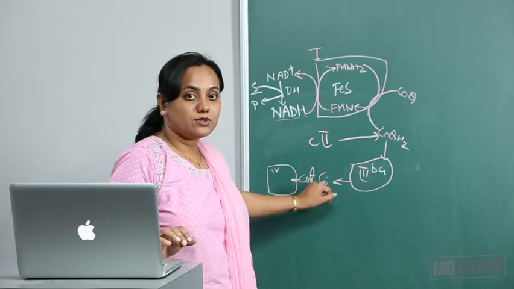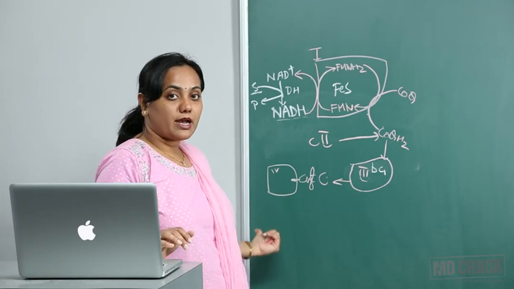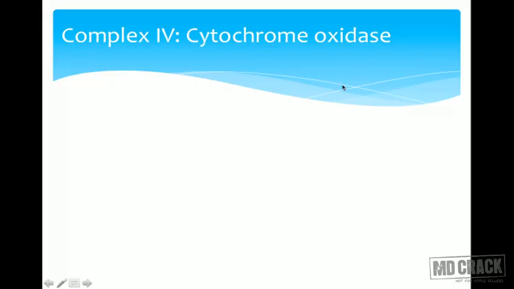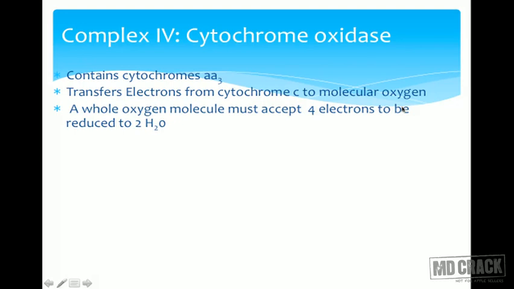Here it has reduced cytochrome C, so it is cytochrome C reductase. Here it is going to react with oxygen, so it is cytochrome oxidase. It contains the cytochromes A and A3. It transfers electrons from cytochrome C to molecular oxygen.